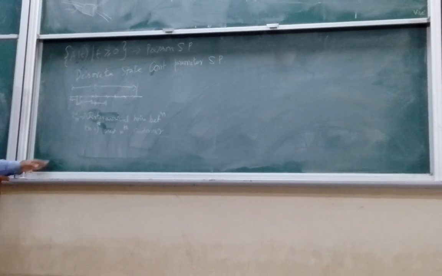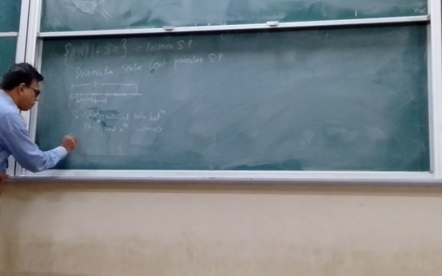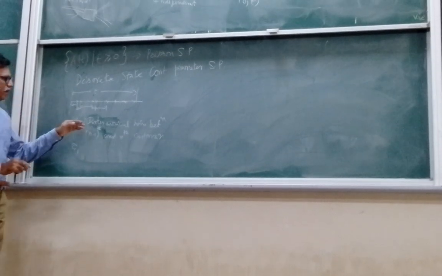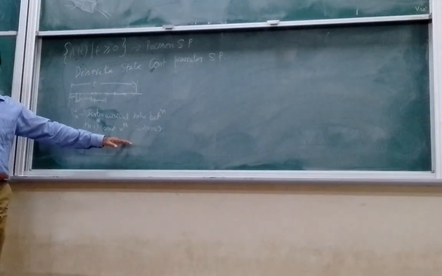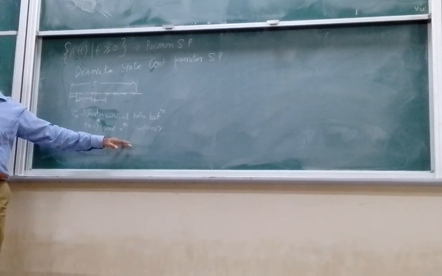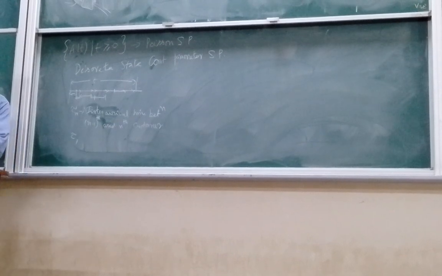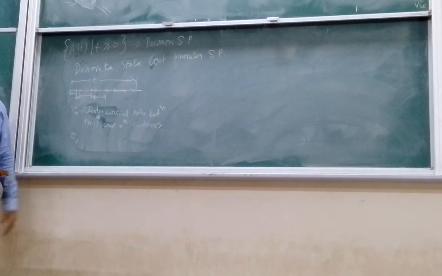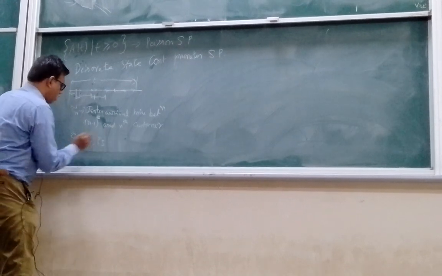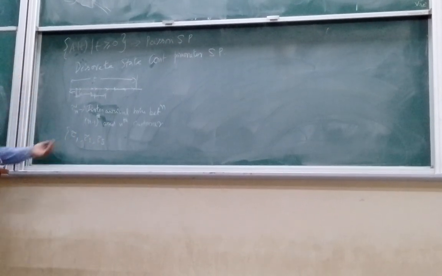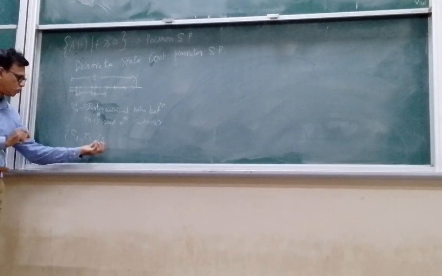So for the first customer, tau 1 is between the 0th customer and the first customer, that is, starting from time 0. For the third customer, it is between the second and third. So you have tau 1, tau 2, tau 3, which are the inter-arrival times between 0 and 1, 1 and 2, 2 and 3 and so on.